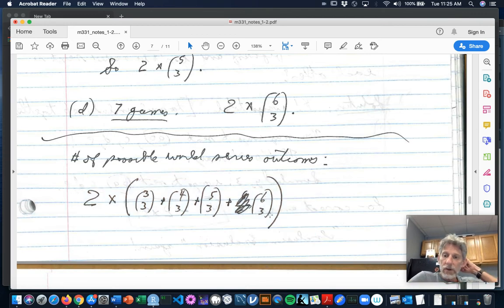So, in real life, a problem like this might come to you as how many World Series are possible? And you would have to break the analysis up into these cases, 4 games, 5 games, 6 games, 7 games. And the subcases, A wins, N wins, to get to the point where you can use the multiplication principle and your permutation and combination formulas.